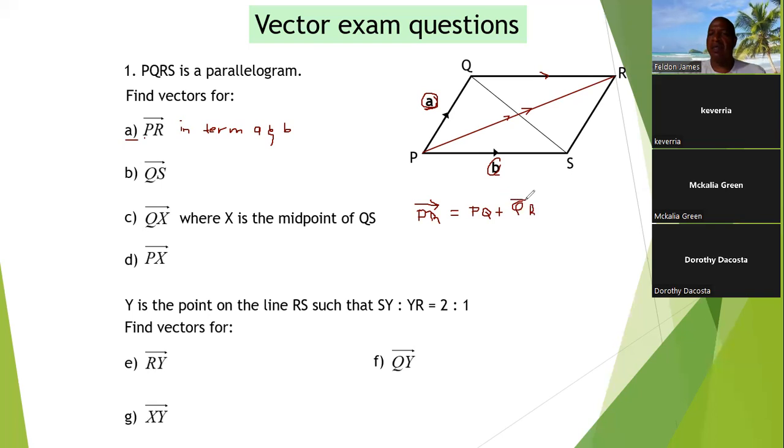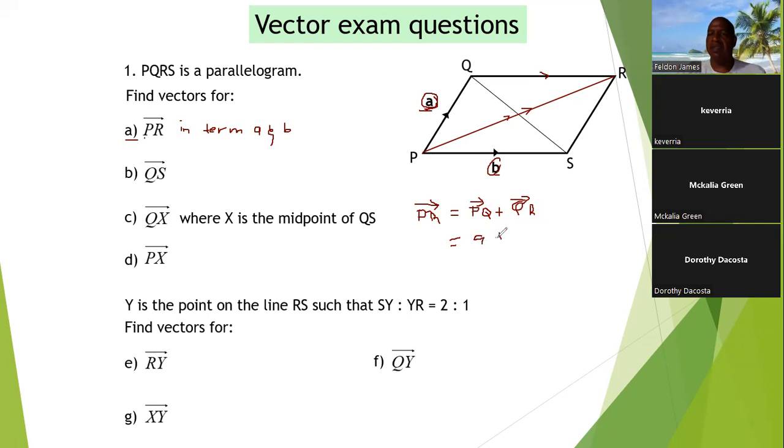Meaning that instead of going directly from P to R, we could go from P to Q and then Q to R. But in terms of A and B now, what is the length of PQ? It would be A. So PQ would be A.